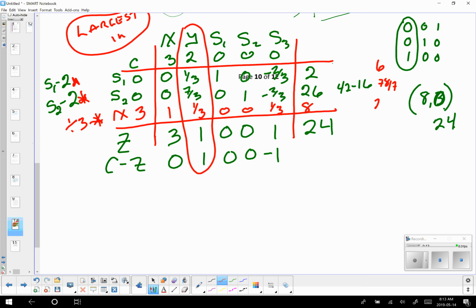And this is 24. So this is telling me this one is going. And the pivot point is a third. So I will be multiplying that through. Let me get this drawn now.